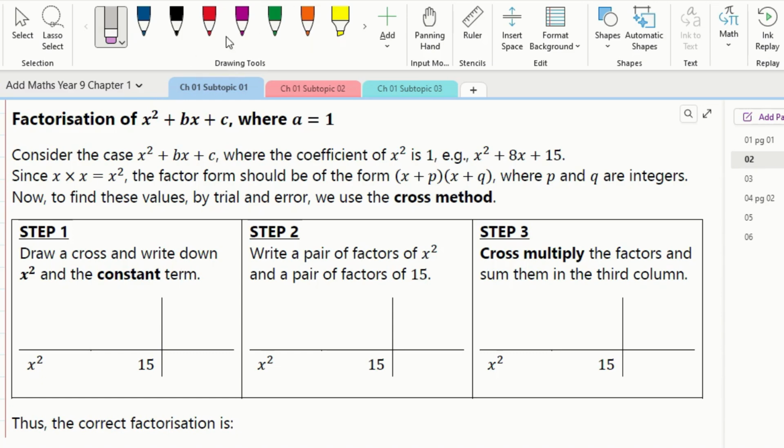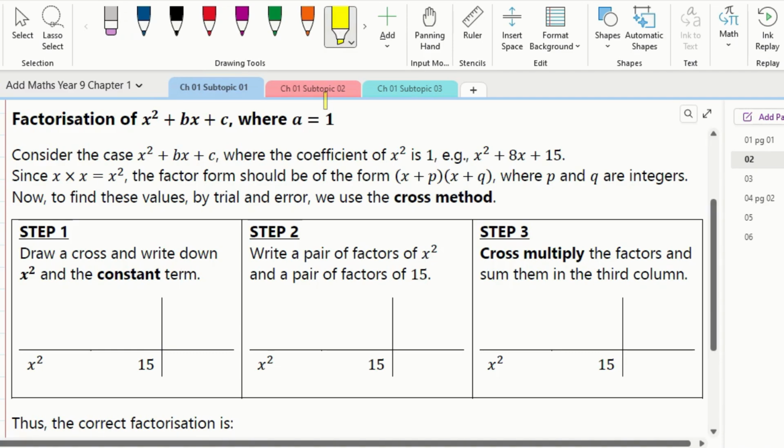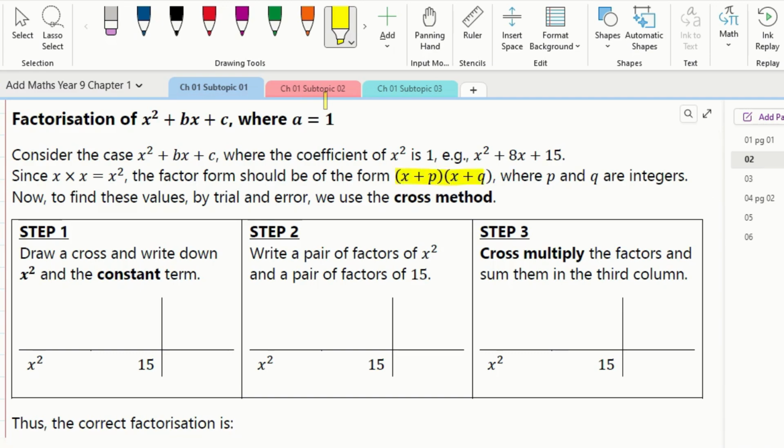The general form for the factorization, the result that you must get, is double brackets with an x in both brackets, and p and q are the factors of c. To find these values, we can use what we call a cross method.